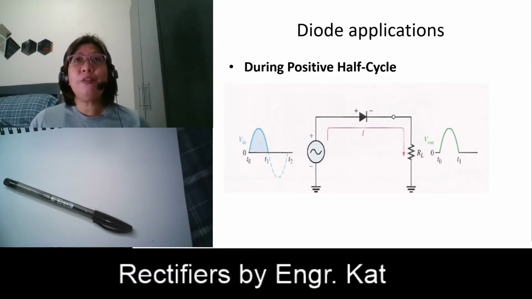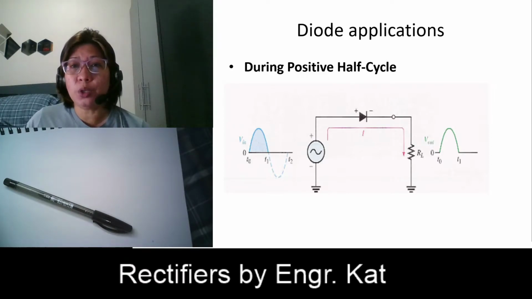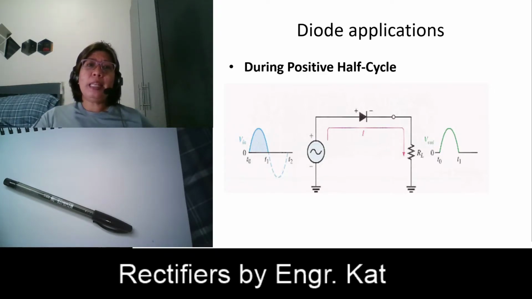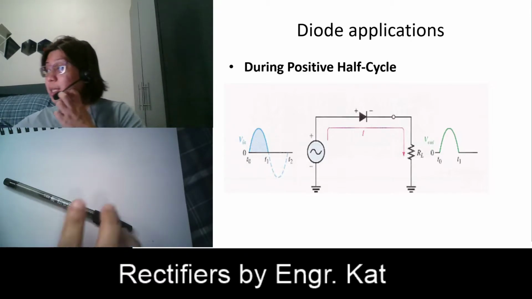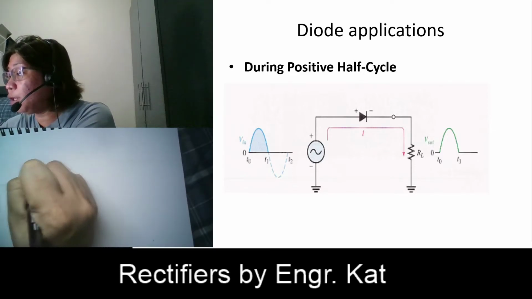Okay, since this is the load, this is where we're going to get your output. The difference in the DC source is that when we apply a DC source here, it is just like this one. It is not changing.